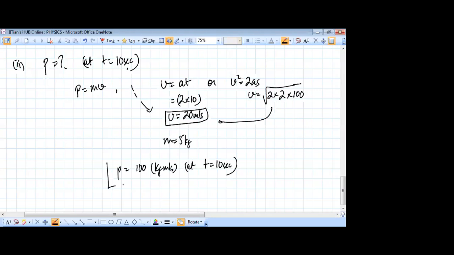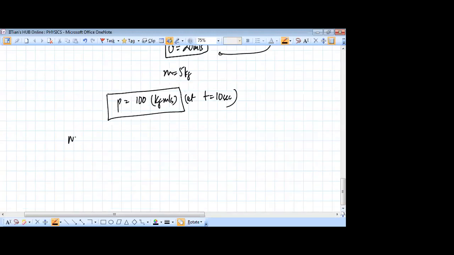But you also know that the initial momentum was 0. So that's the second part. Since initial momentum, let's say P naught, was 0 at t equal to 0, and the momentum at 10 seconds, let's say, is 100 kilogram meter per second. So at t equal to 10 seconds, the momentum is this.